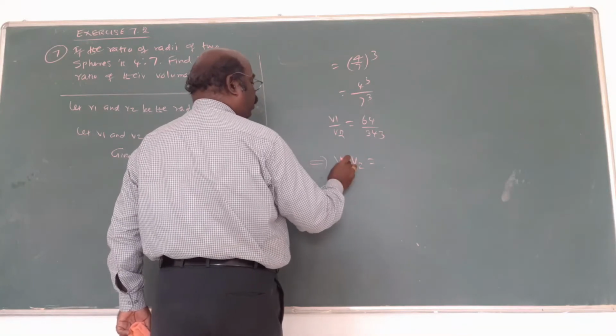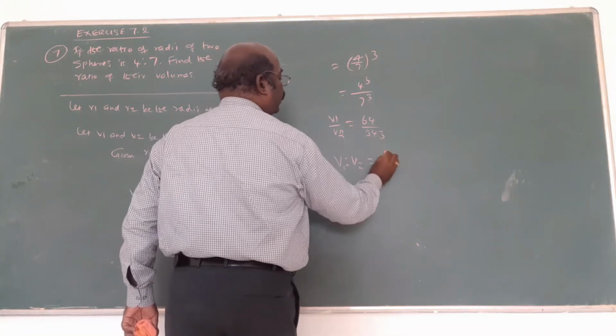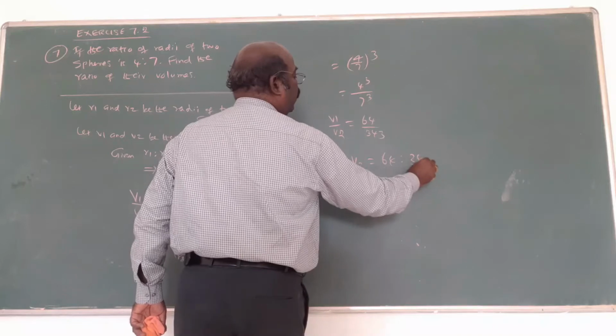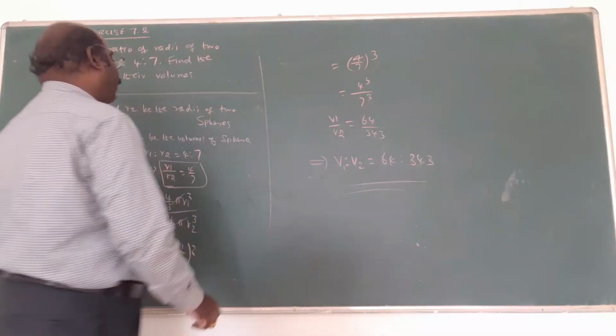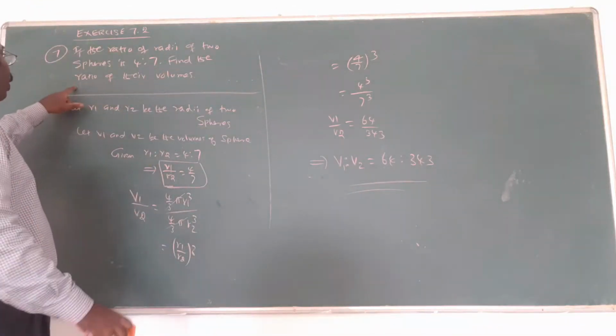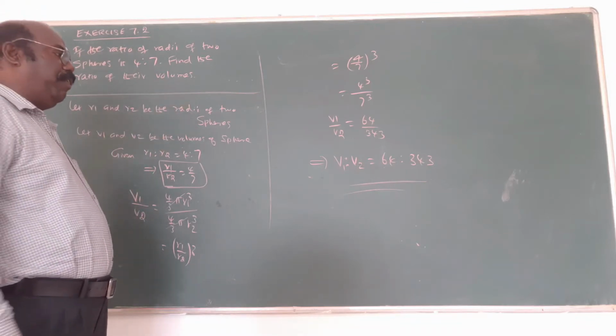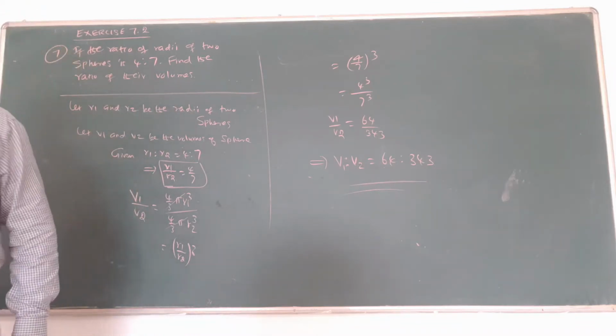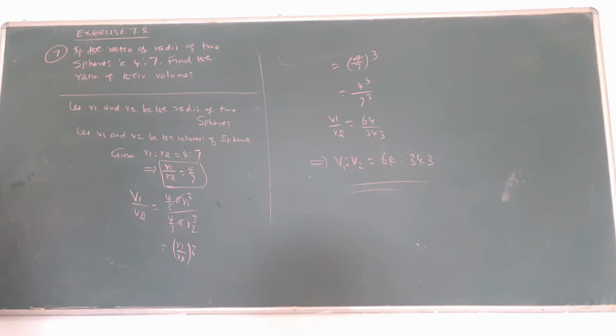V1 is to V2 equal to, we can answer 64 is to 343. What is asked? Find the ratio of their volumes. So V1 is to V2 is asked. Therefore, the answer is 64:343. Here also we use the formula only one time. This is about 2 more questions.